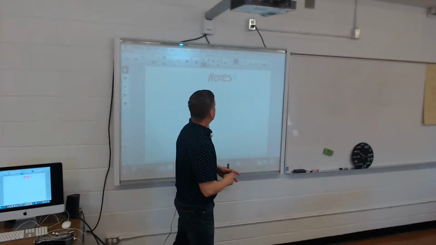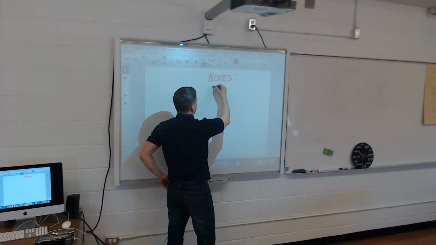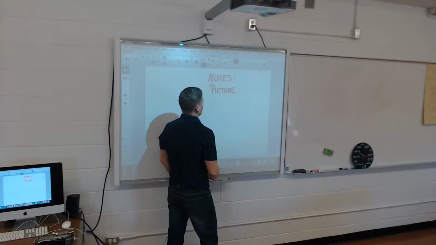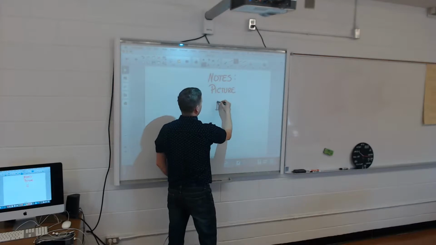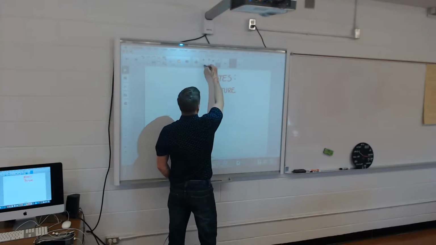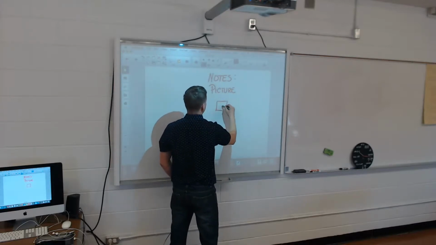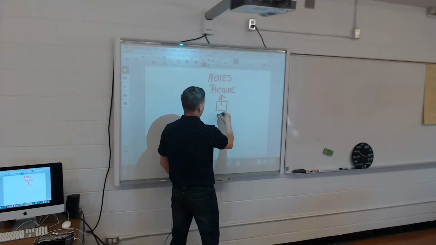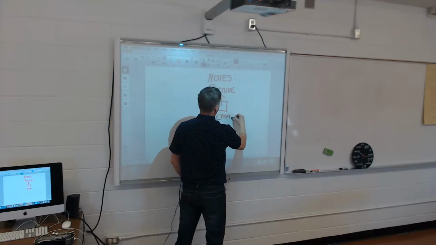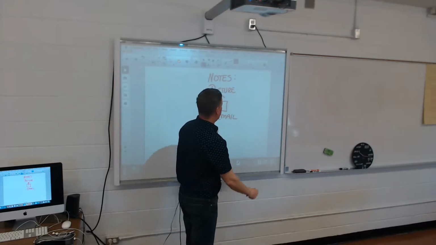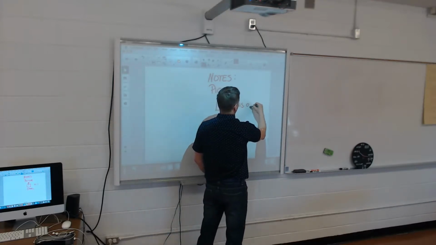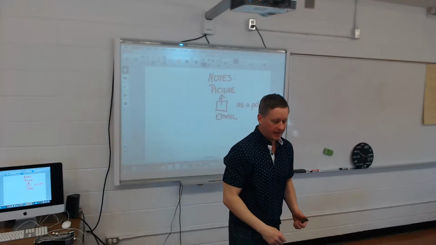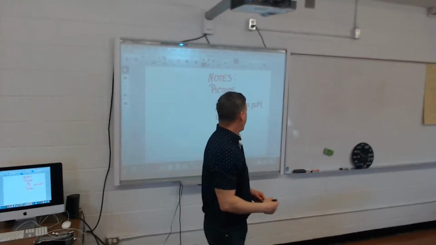So when you're using Notes, use the camera, take a picture, and when you go to transfer it or email it, it will email it as a PDF automatically. So that may make things a little bit easier for everybody.